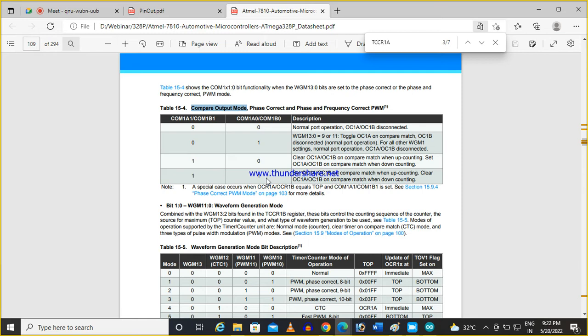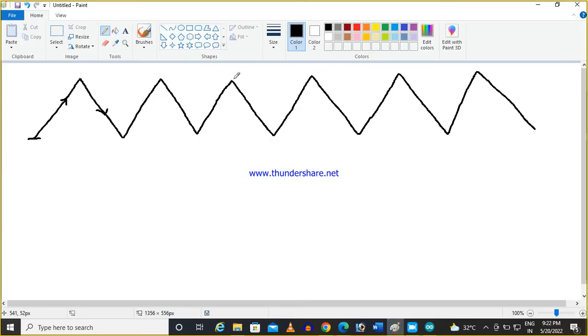What is that? Say for this cycle I set the compare value here, and for this cycle I set the compare value here.